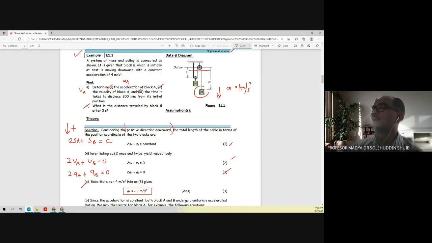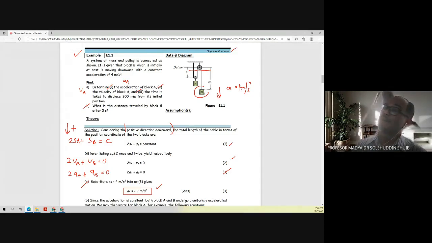So you get 2 meter per second square. So the opposite direction. So this is AB going down, so acceleration of A goes up. Going up with the acceleration of 2 meter per second square.